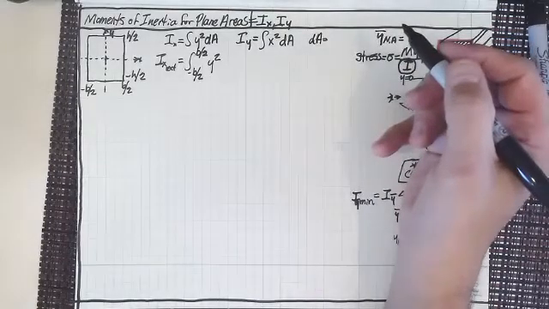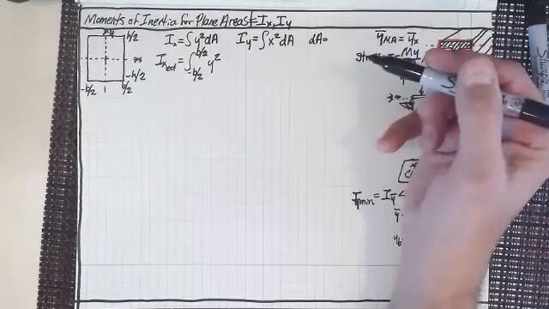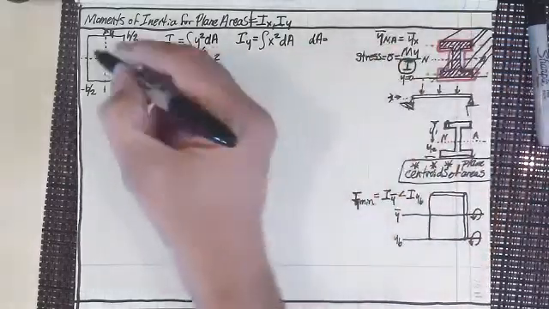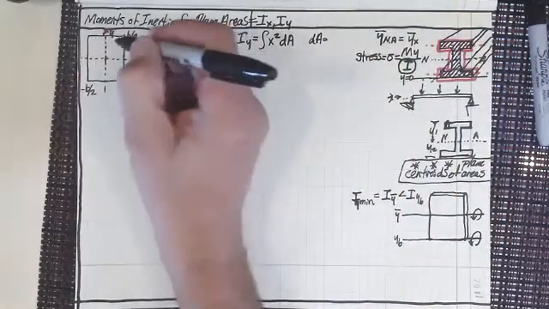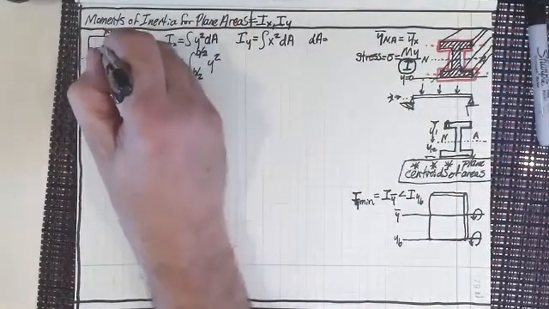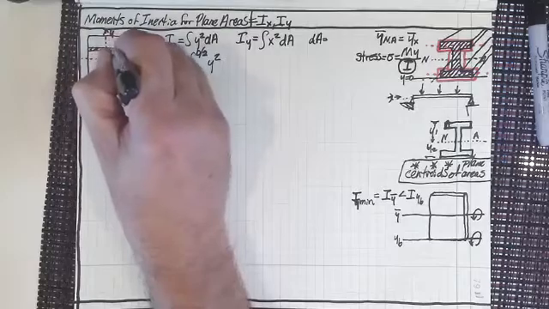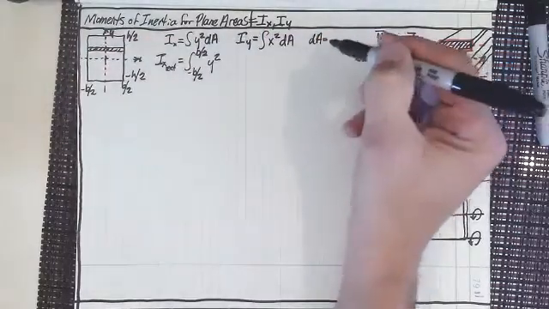What is dA for this? Because we're looking at a small sliver of this, right? Does everyone see that with dA?